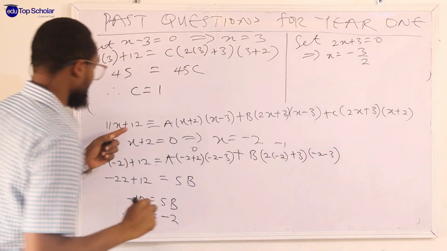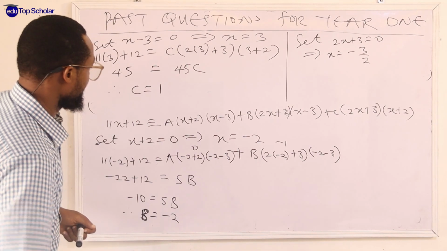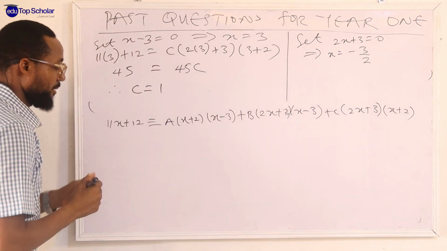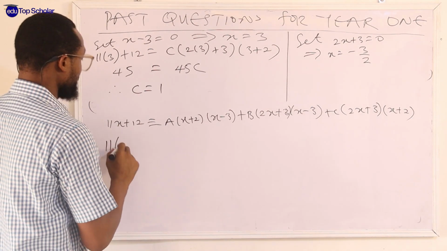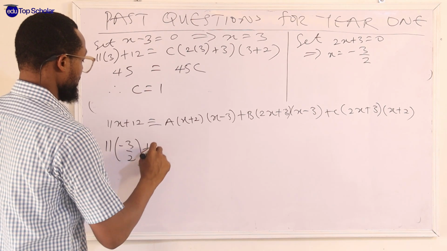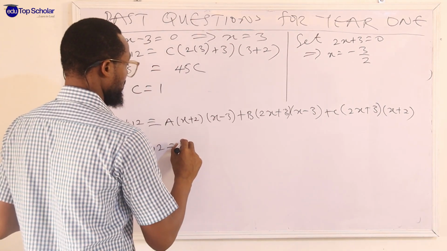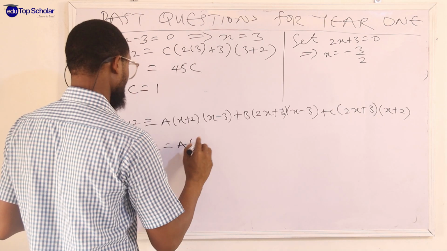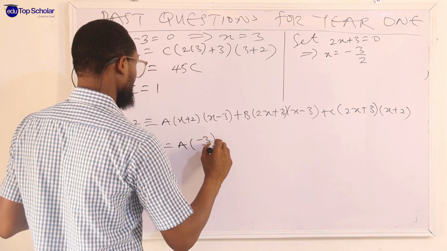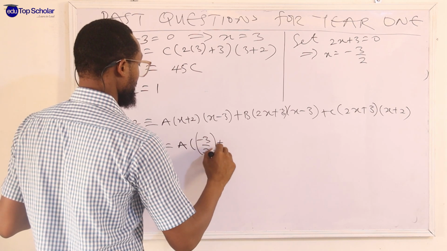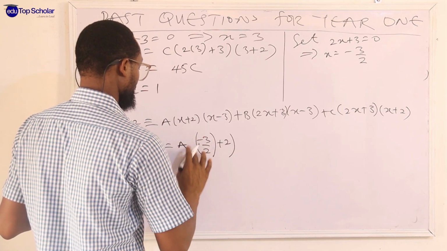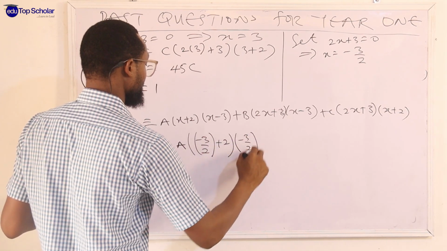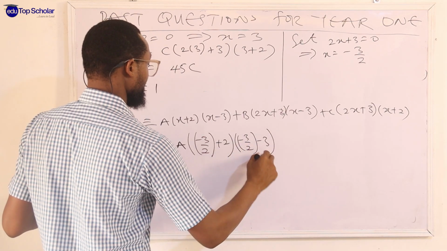In that case, if we substitute that one in here, we have 11 into minus 3 over 2 plus 12 equals a into my x now, which is minus 3 over 2 plus 2, all this multiplied by minus 3 over 2 minus 3.